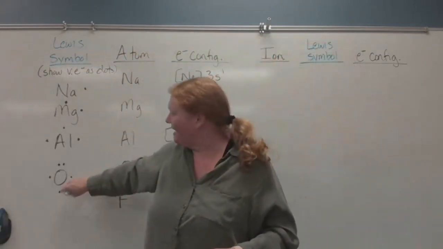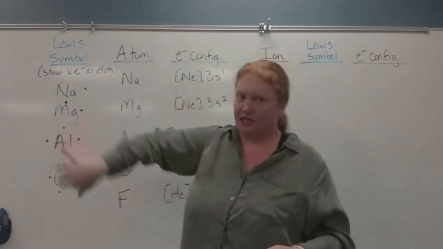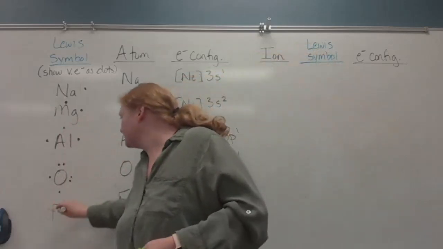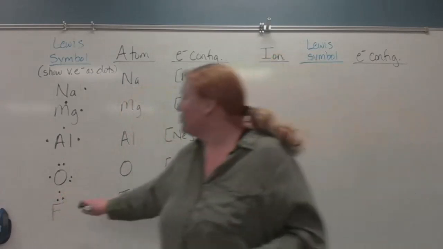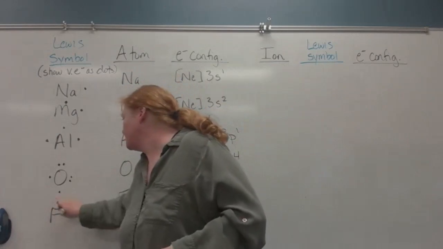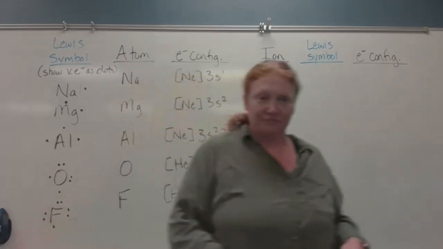Notice now I have to have 2 dots on a side, right? It doesn't matter which side has the 2 dots or anything like that. Fluorine: 7 valence electrons in group 7A. 1, 2, 3, 4, 5, 6, 7.